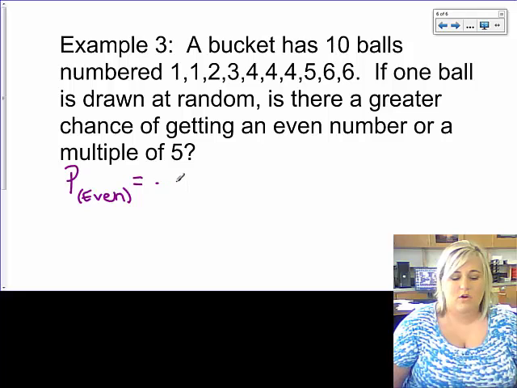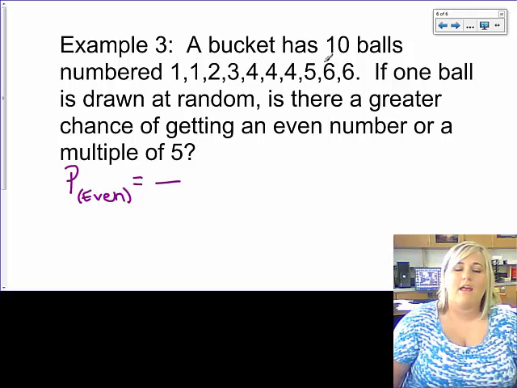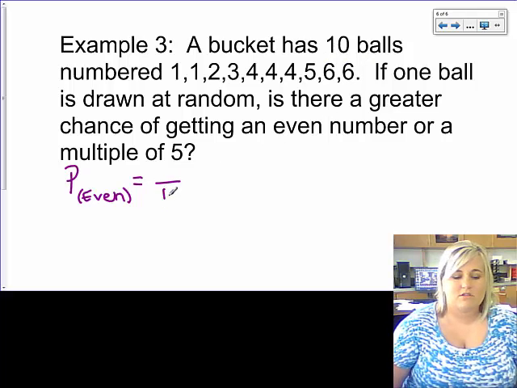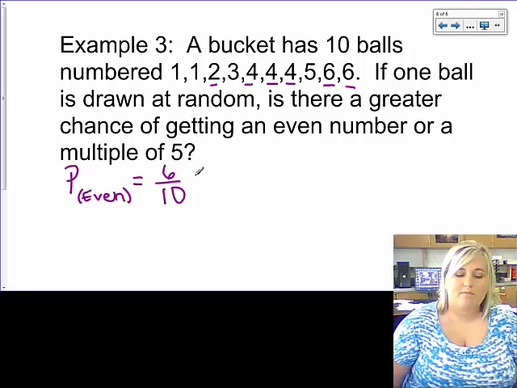So I already know from the problem that there are 10 balls. So I'm going to put 10 as my denominator. Now I need to know how many are even numbers. So I know that 2, 4, 4, 4, 6, and 6 are all even numbers. So that's 1, 2, 3, 4, 5, 6. So that's 6 out of 10, which I could reduce to 3/5.